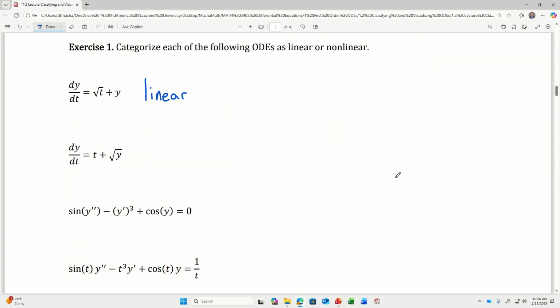Okay. Next one, t plus square root of y. Yeah, that's non-linear. What about sine of y double prime minus y prime cubed plus cosine of y equals 0?